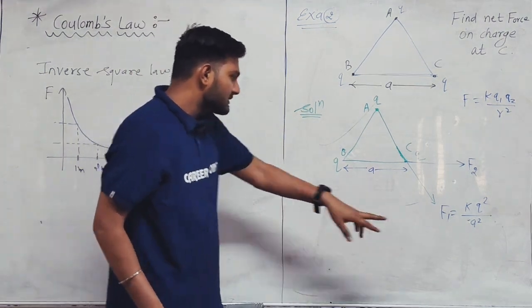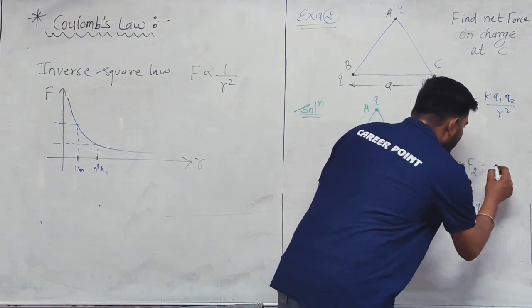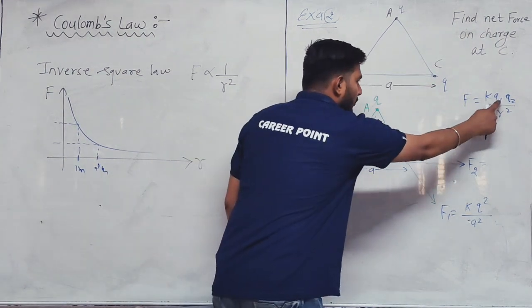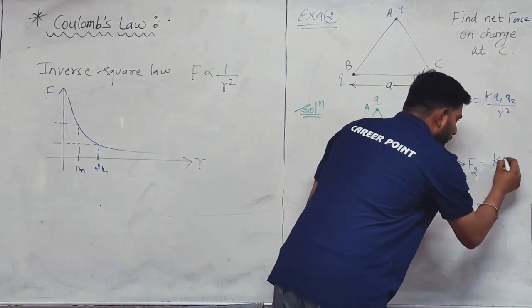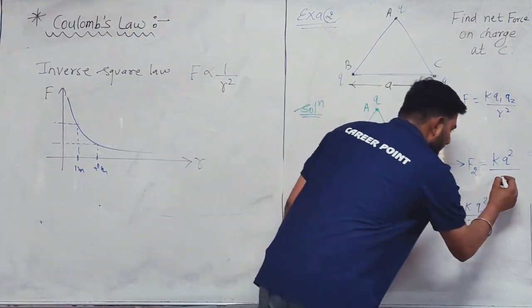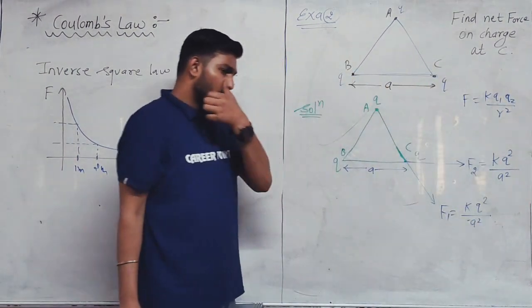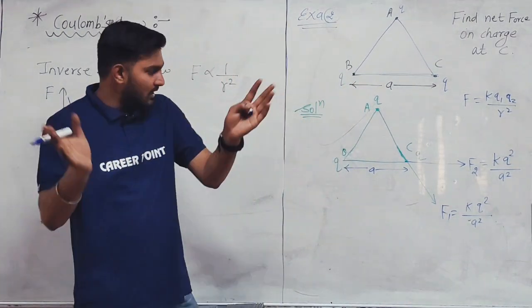So F1 is K Q square by A square. Similarly, F2 is K Q1 Q2 by R square, Q1 and Q2 are equal so Q square, and the separation is again A square.